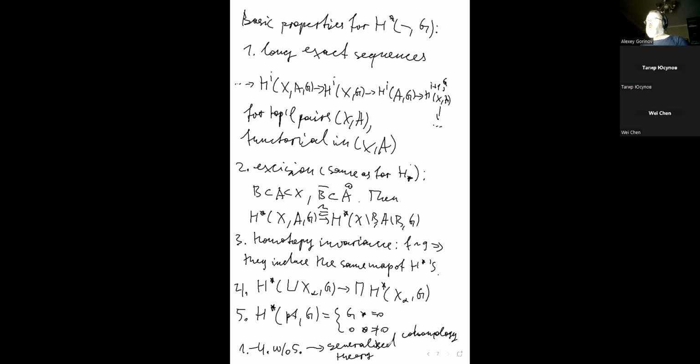Well, the last basic property is that we have the cohomology of a point which is equal to G in degree 0 and 0 in all other degrees, and if we remove this property and consider the remaining properties as axioms, we get something which is called a generalized cohomology theory.